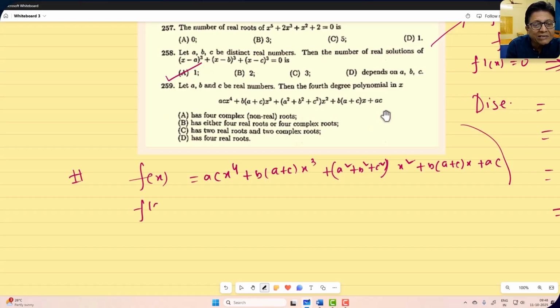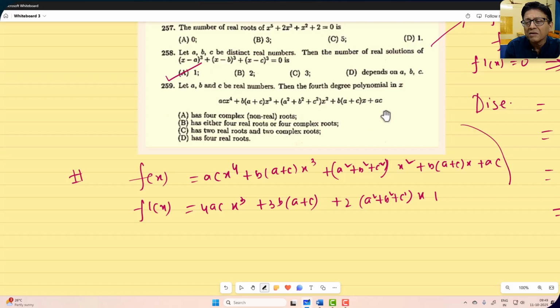If you find f dash x: 4ACx^3 plus 3b(a plus c)x^2 plus twice (a^2 plus b^2 plus c^2)x plus b into (a plus c).